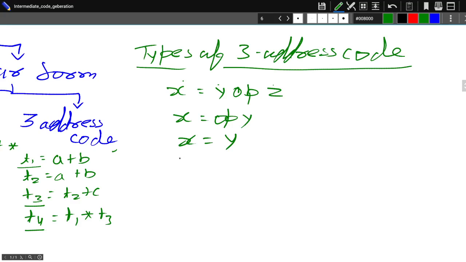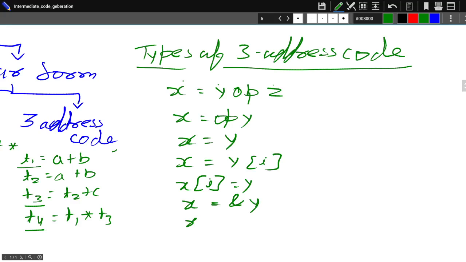Another thing is if you are using something like array kind of things, x is equal to y and some iterator i. This is also allowed in 3 address code. You can have suppose x[i] is equal to y. This is also okay. You can use the address of operator, so &y, or pointer, suppose x is equal to *p. All these things can be used.